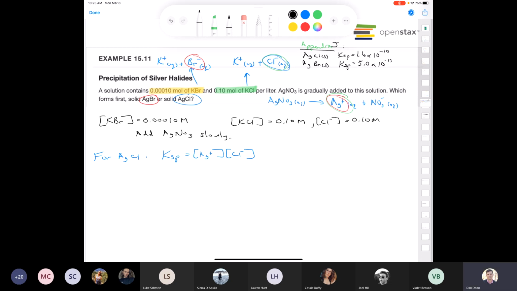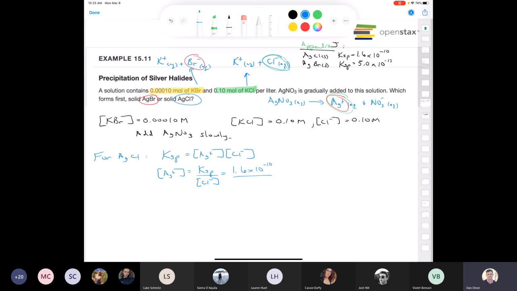So if we want to figure out the minimum concentration of silver that you would require for precipitation, we're just going to rearrange this formula: the concentration of silver ions is equal to KSP divided by the concentration of my chloride ion. My KSP for silver chloride is 1.6 times 10 to the negative 10.